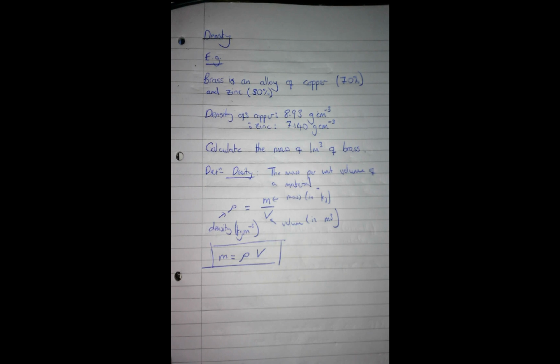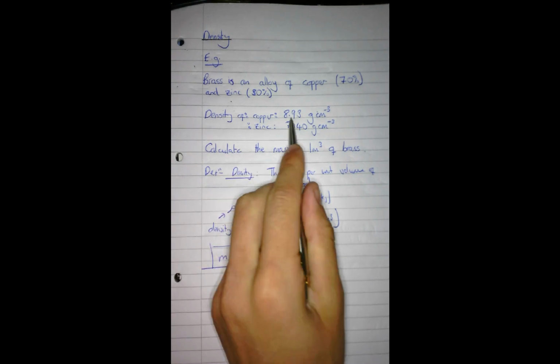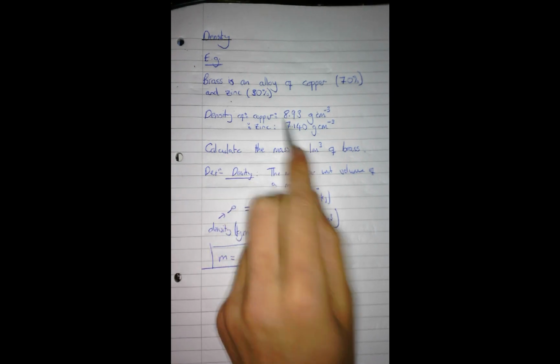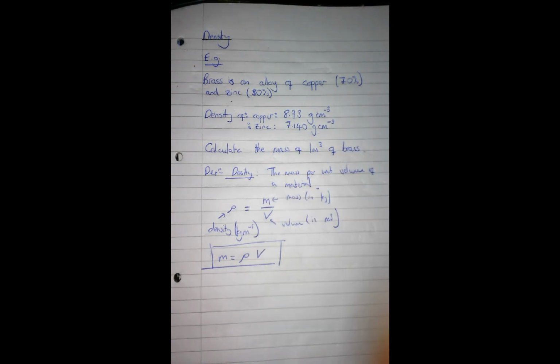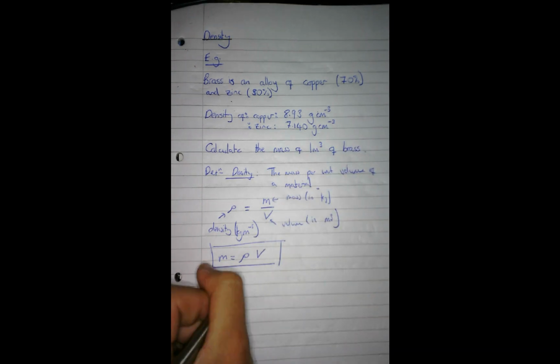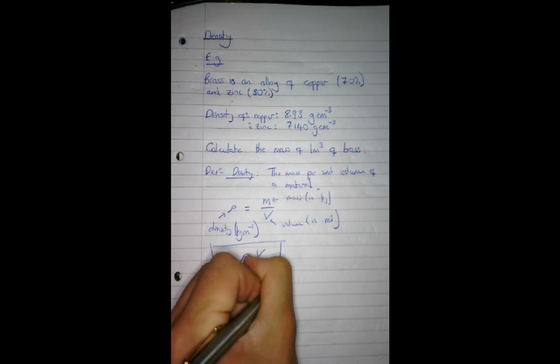The way I like to think about this is like the way you do weighted averages in maths. So the way I would do this is I would say, okay, the density of copper is 8.93 grams per centimetre cubed, and 70% of it's copper. So we say, okay, we've got 8.93, and we've got 70%, which is that.